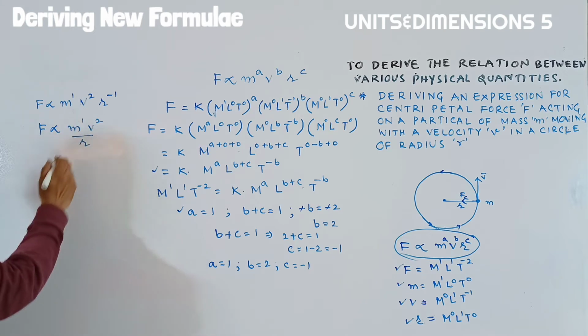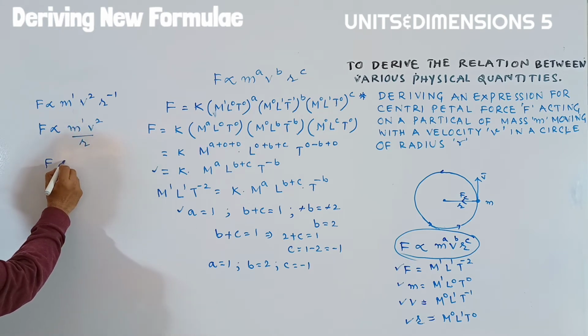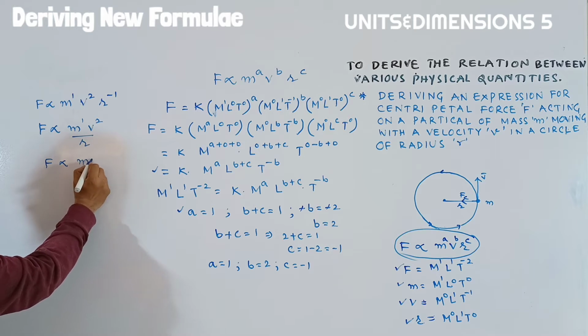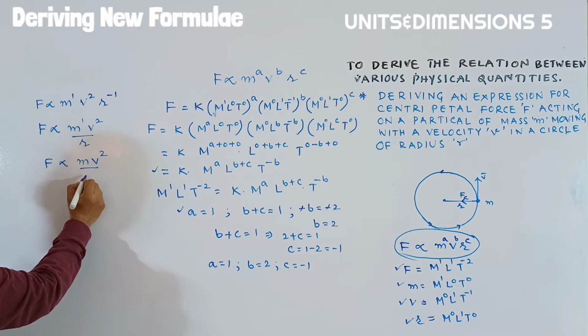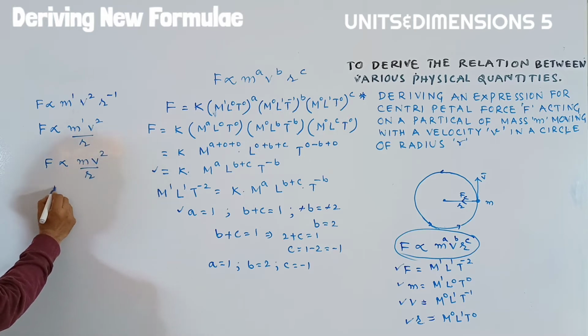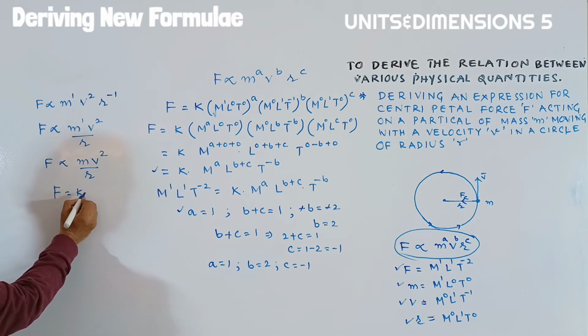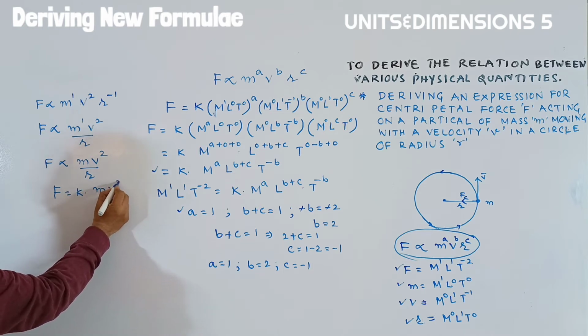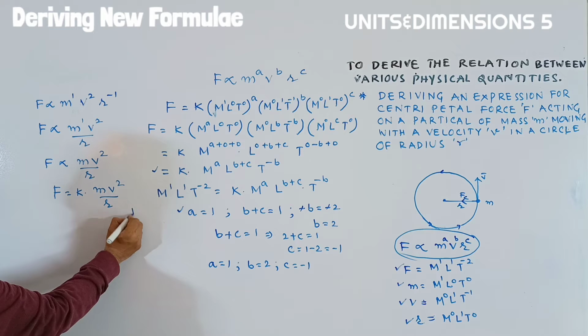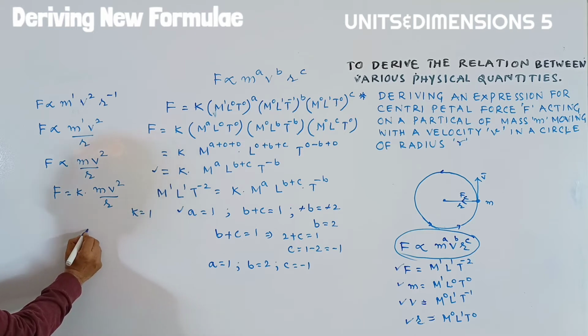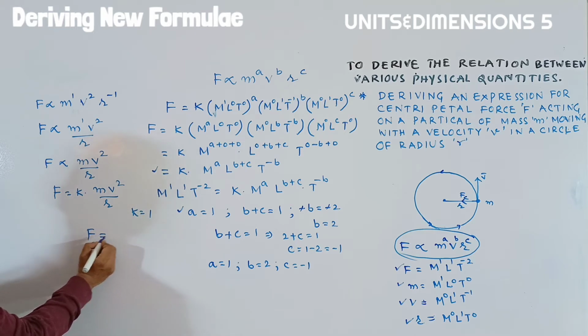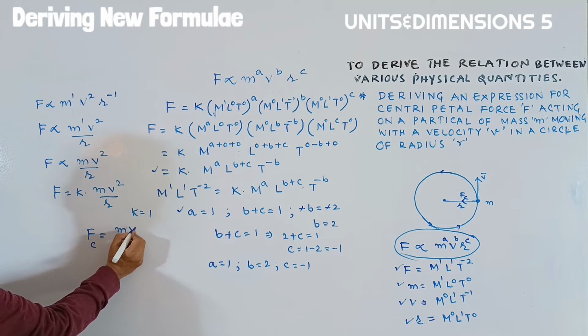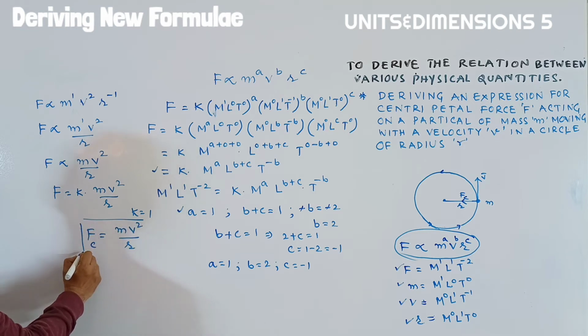Okay, students, m to the power of 1 is m, so F is proportional to mv square by r, or F is equal to k into mv square by r. K is taken as 1. Then centripetal force has the formula mv square by r.